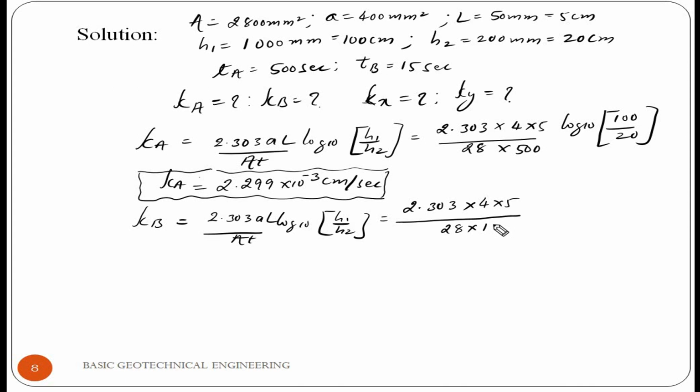The time taken for sample B is 15 seconds, then log to the base 10 of 100 divided by 20.